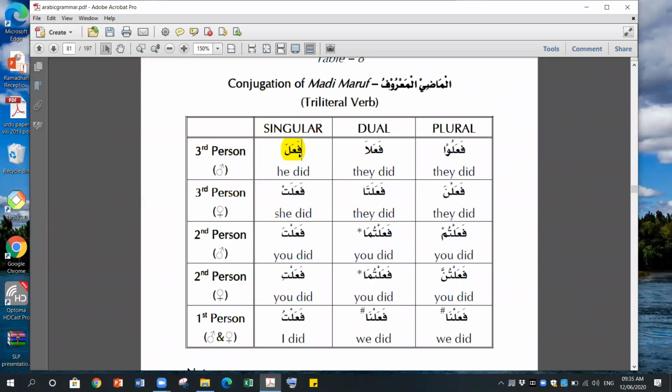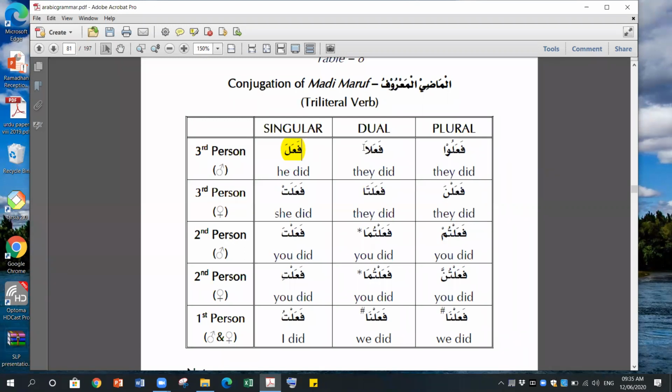Whenever you say fa'ala, it means he did, because fa'al means doing something, a verb. So fa'ala, he did. Kataba, he wrote. Sami'a, he heard. Shariba, he drank. So he will be inside, but you can't see anything attached.